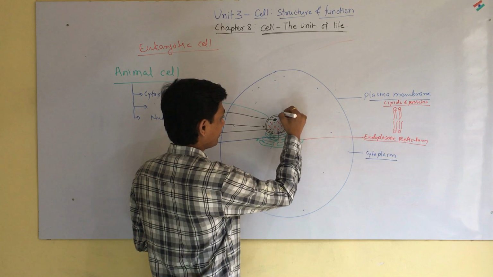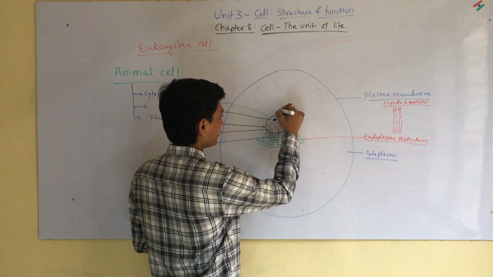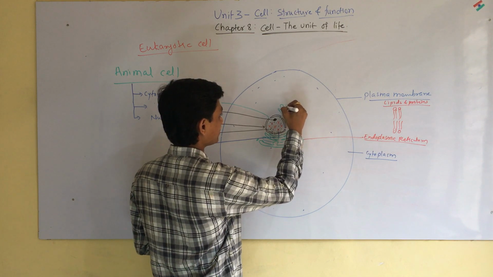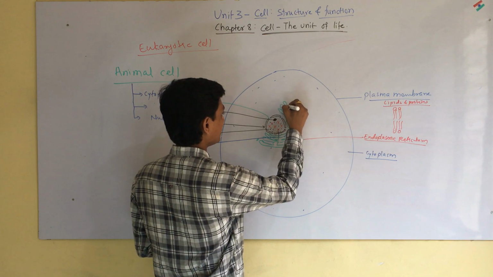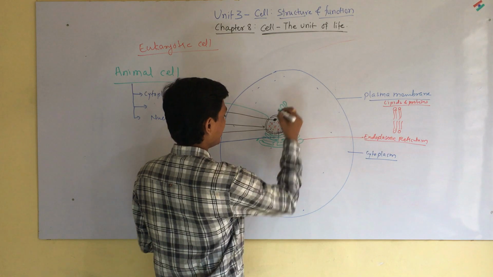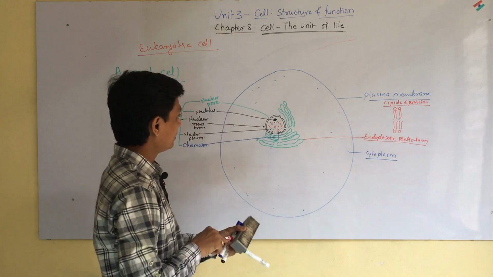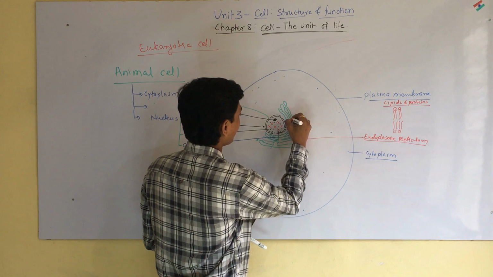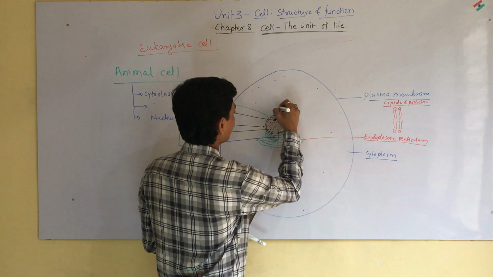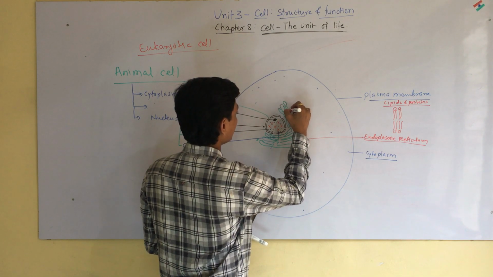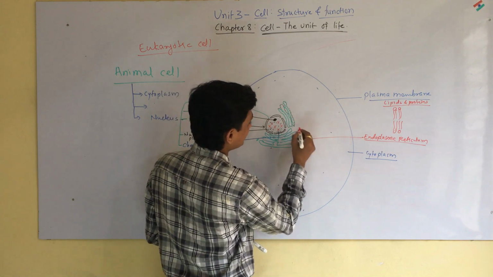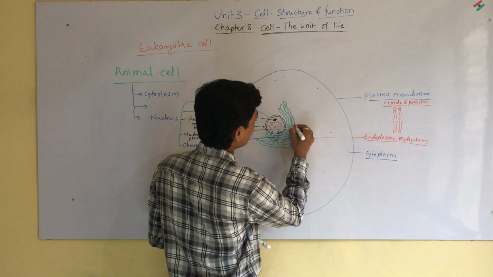Suppose this is one type of endoplasmic reticulum where a dense structure is present over it, and due to that it becomes rough. The surface of the endoplasmic reticulum contains ribosomes, so the structure becomes rough.